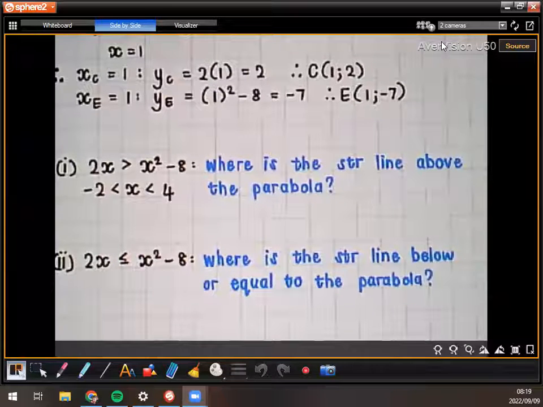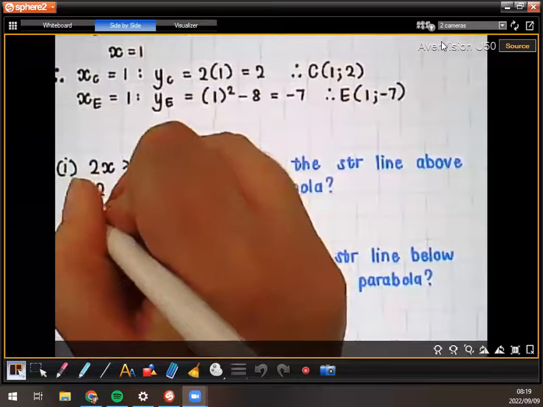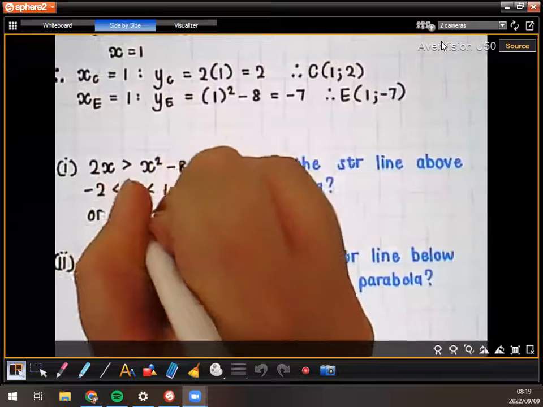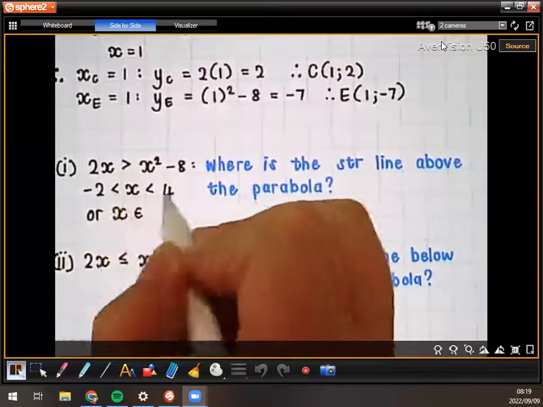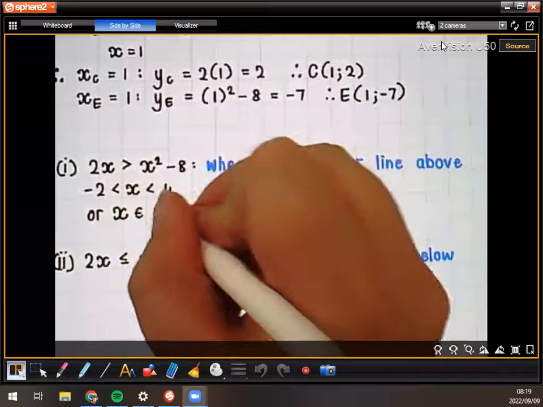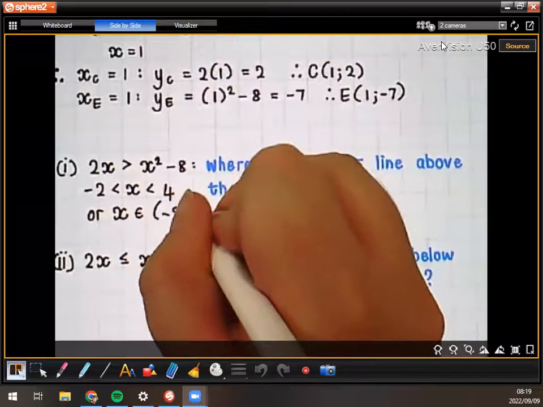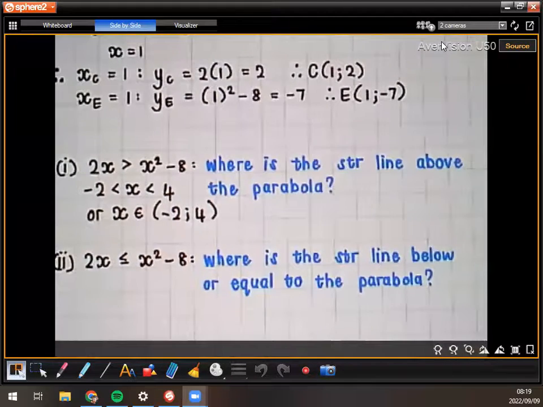Does that kind of make sense, guys? You can also write it like this: x is an element of, and because I didn't put an equal in the equation, I'm not including these two values, so we use the round brackets, -2 and 4. You're more than welcome to use either of those notations.